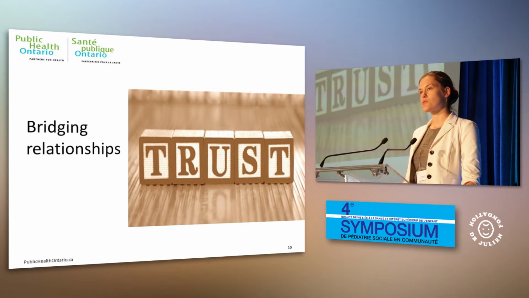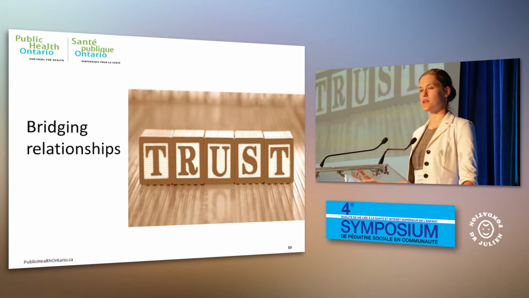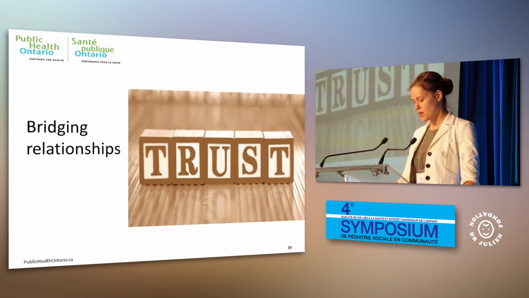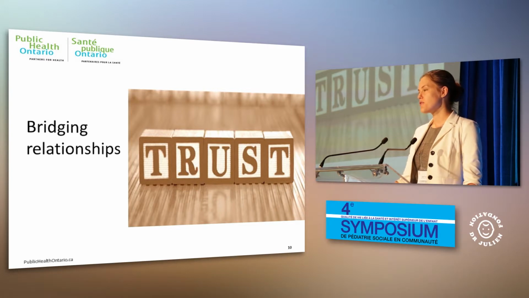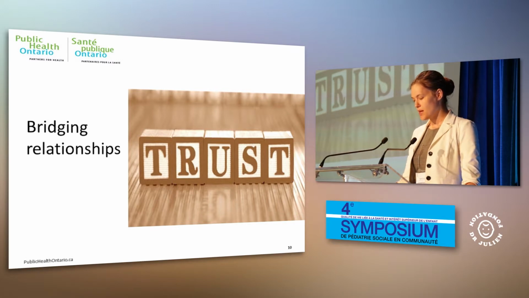Sometimes the bridgers were individuals who had more of a peer-to-peer relationship with the vulnerable communities, who bridged the relationship with the healthcare provider. In the fewer cases where trust was built more directly, having a non-judgmental approach to support the vulnerable families was the most critical factor in supporting them to access a social pediatric service.